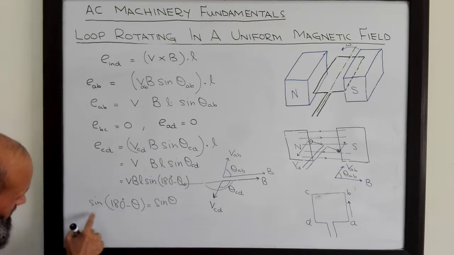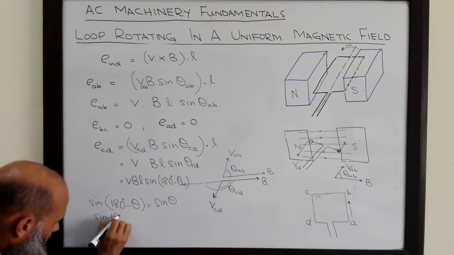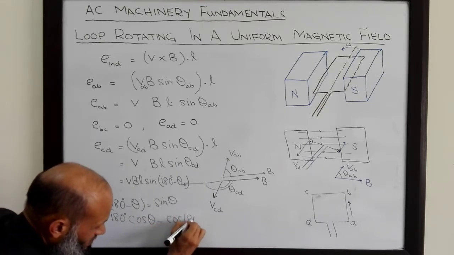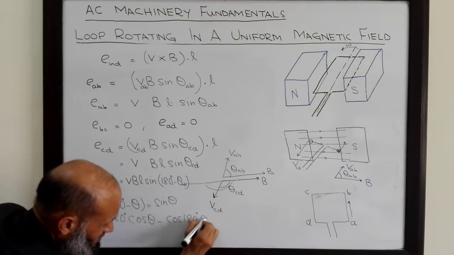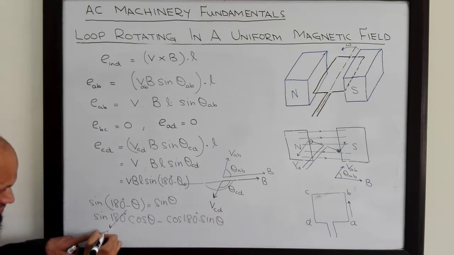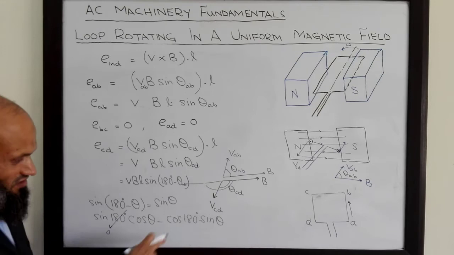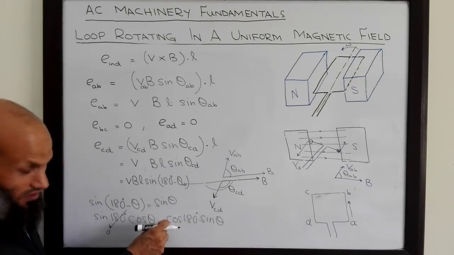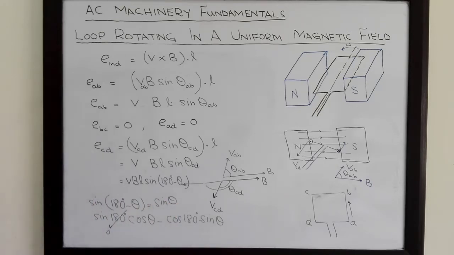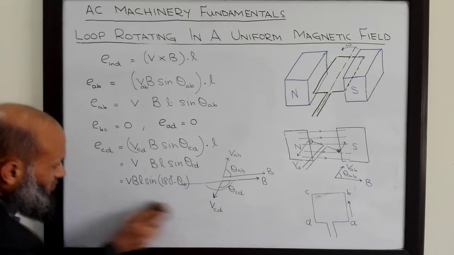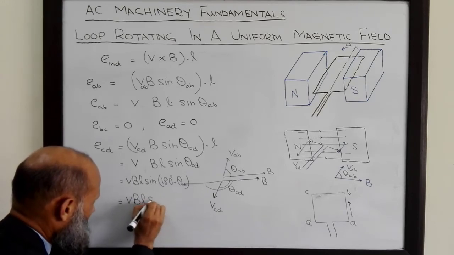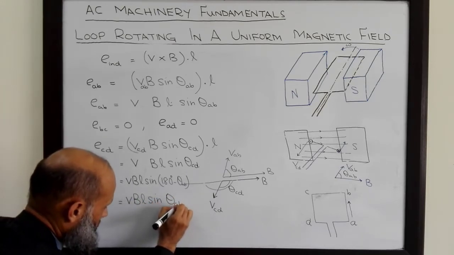That is, sine of (180 degrees minus theta) is sine of 180 degrees times cosine of theta minus cosine of 180 degrees times sine of theta. Sine of 180 degrees is equal to 0, and cosine of 180 degrees is minus 1. This minus 1 multiplied by this minus is plus 1. So this expression is simply equal to sine of theta. Hence, this induced voltage is equal to VBL sine of theta AB.